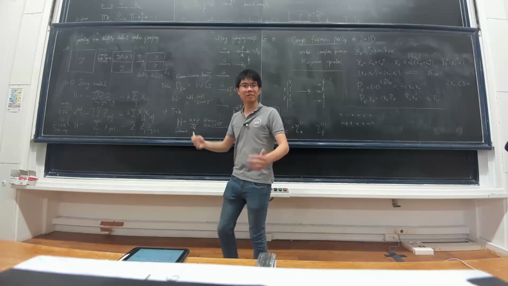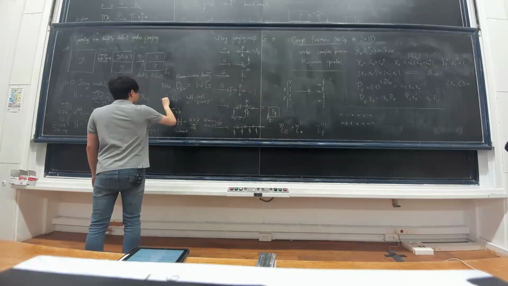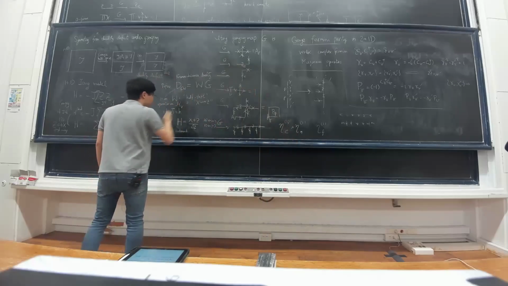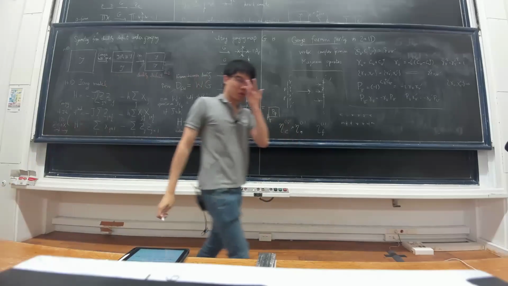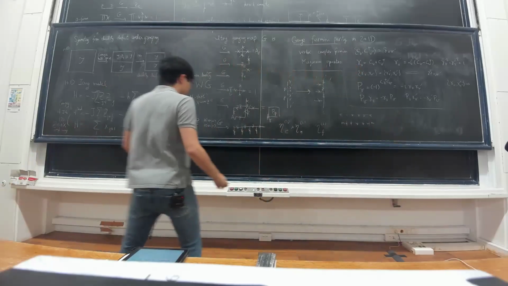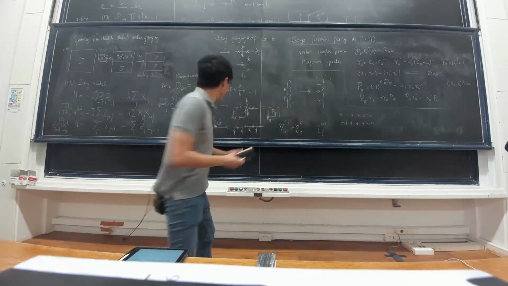It's just a map. So now this is an operator on my vertex Hilbert space. And moreover, it commutes with the Hamiltonian.